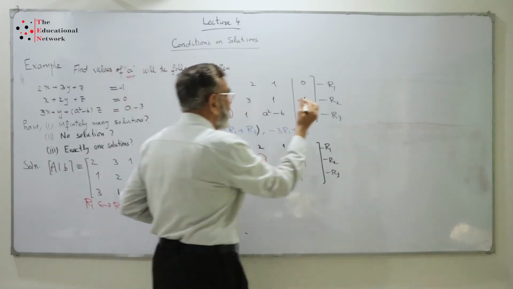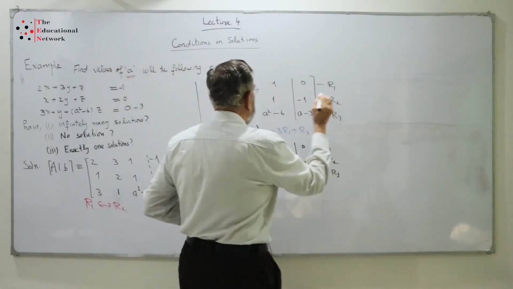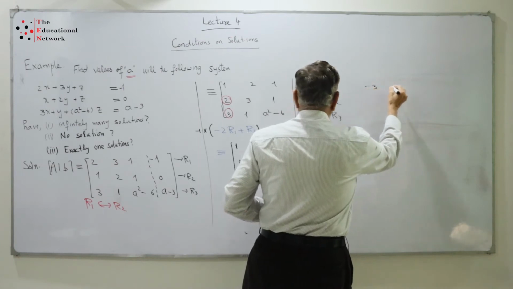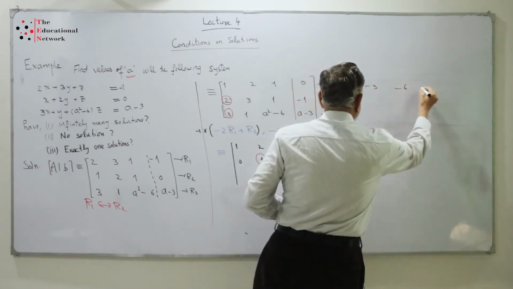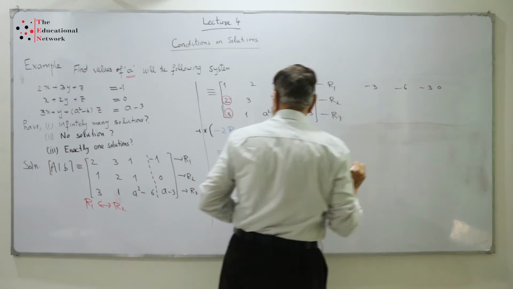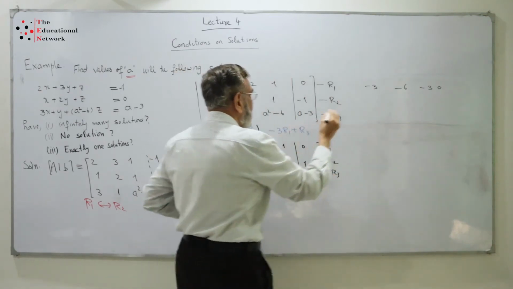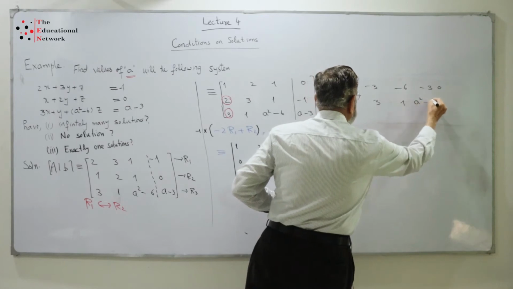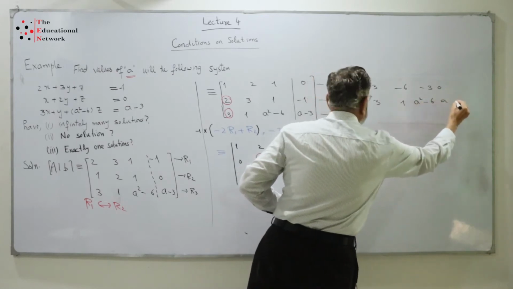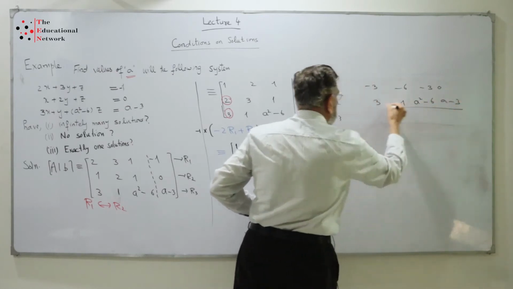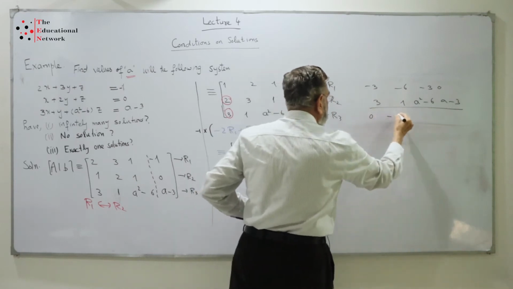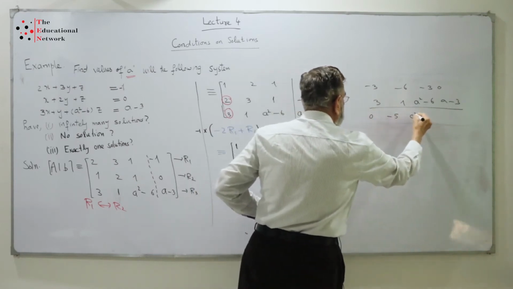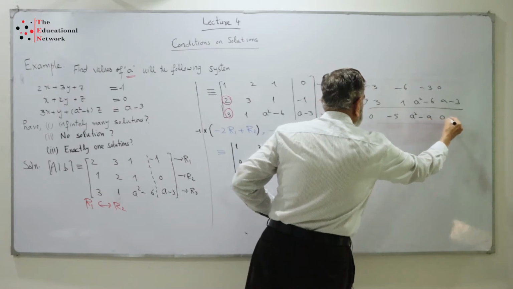I multiply by -3 and get -3, -6, -3 and 0. And we add the last row, which is 3, 1, a square -6 and -3. Adding, we get 0, -5, a square -9, and -3.